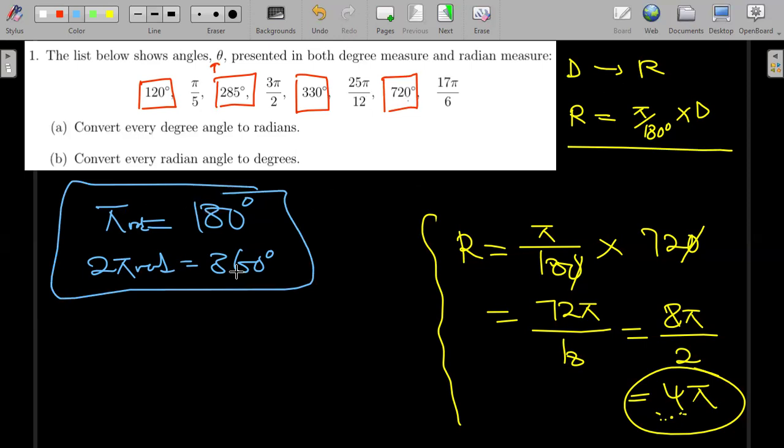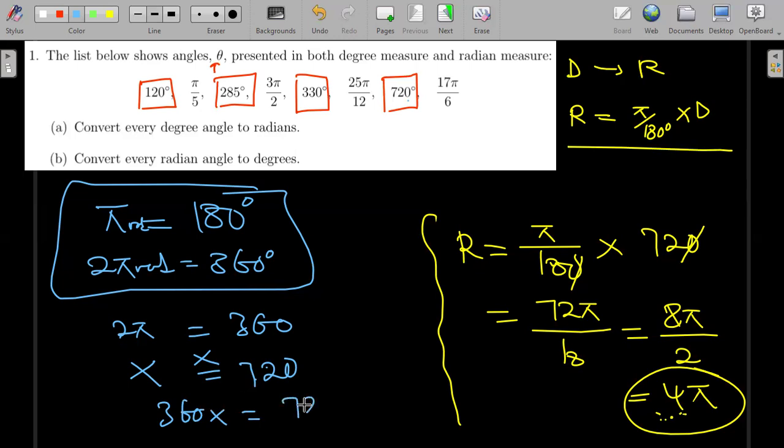So for example, this 720: I can say 2 pi is 360. What about x, which is equal to 720? So we cross multiply. It will be 360x is equal to 720 times 2 pi. Then I divide both sides by 360.